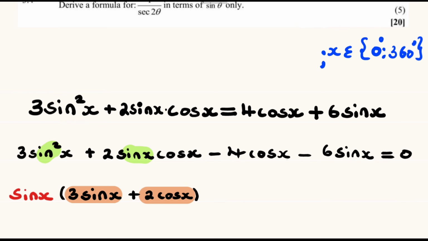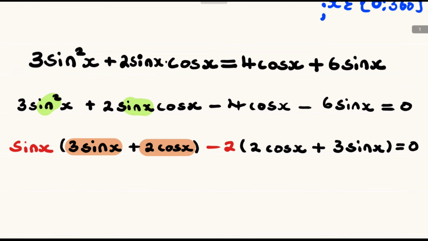If we were to take negative 2 as our common factor on this term and that term, we might end up with 3 sin x plus 2 cos x. So we take negative 2 as our common factor, and inside we'll have 2 cos x plus the 3 sin x, and this is equal to 0.